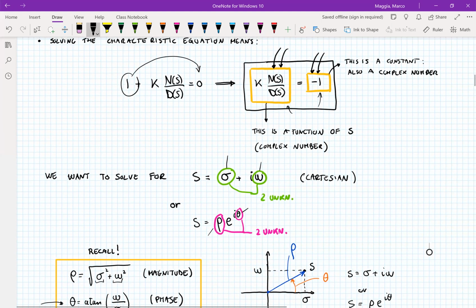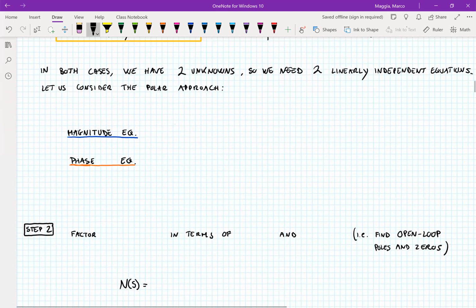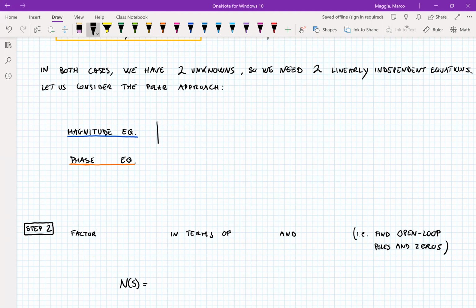So what is the magnitude of the left-hand side? Well, we have the magnitude of k times, once again, n over d. We'll see later how to determine that, but we want this to be equal to the magnitude of whatever is on the right-hand side. On the right-hand side, we have simply -1. So what is the magnitude of -1? It is simply 1. And now we have one equation here.